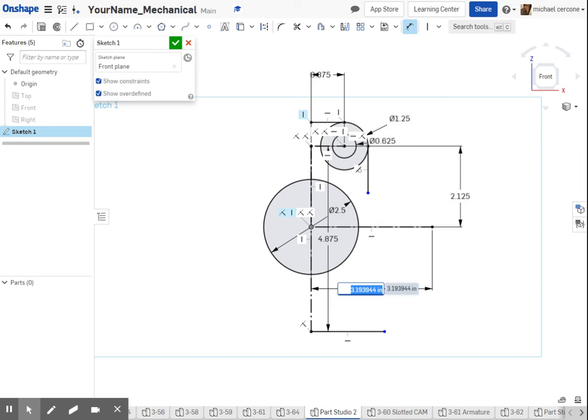So I'm going to just type in 7/8 plus 1.25, and that will find the center of this. I add in my circle here with a 5/8 diameter.